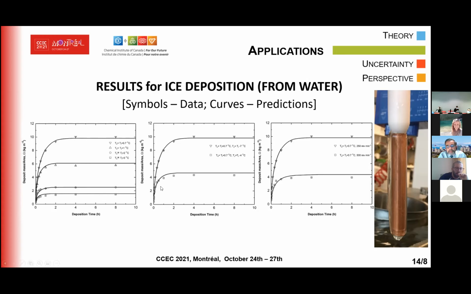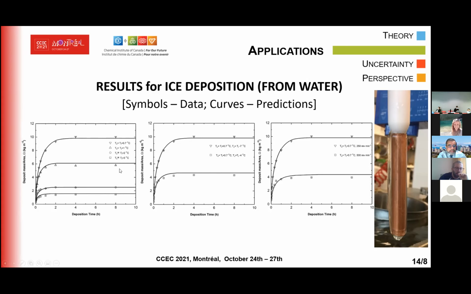So in all cases, you can see that the agreement between data and the predictions is very good. And so ice deposition is well described by this approach, the moving boundary problem approach.